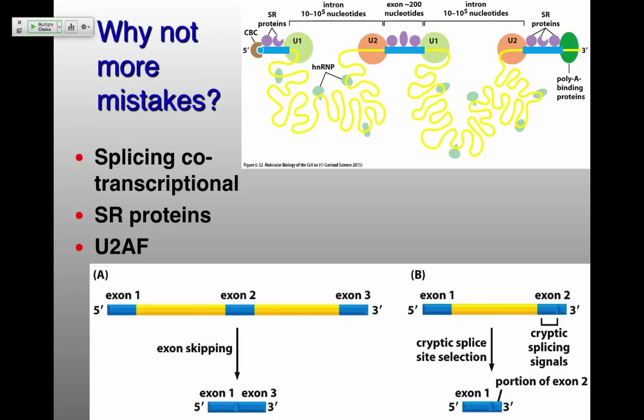Okay, so one of the big questions that has been bothering people actually for years, one of the professors at University of Florida is actually working on exactly this question, is how do you not get all kinds of problems that happen with splicing? And how does the cell know how to do appropriate splicing as opposed to inappropriate splicing?